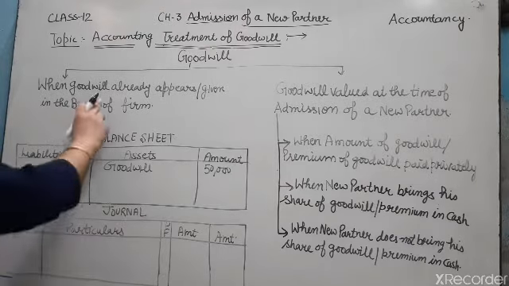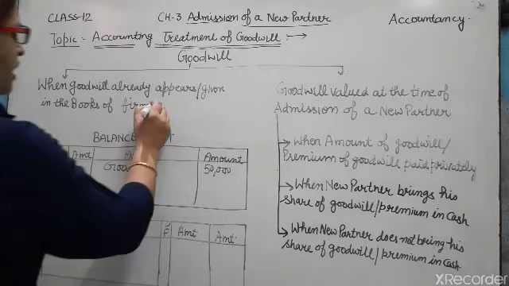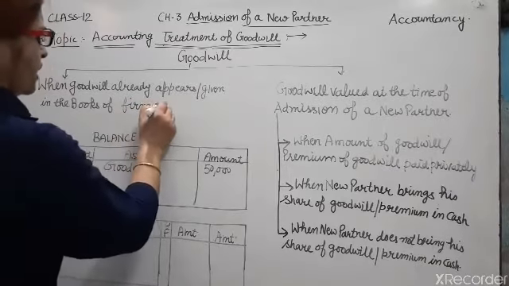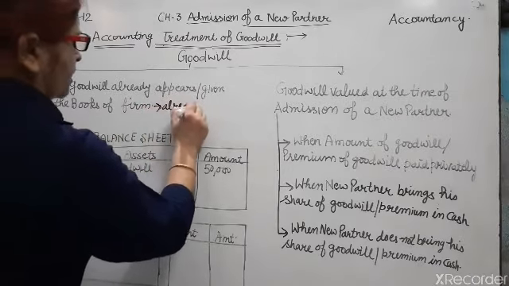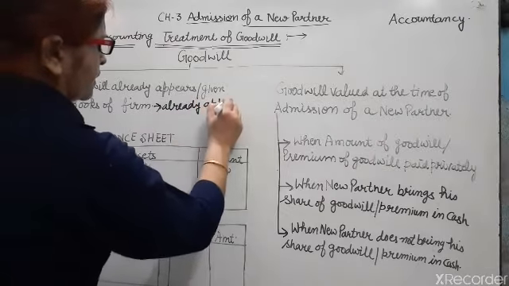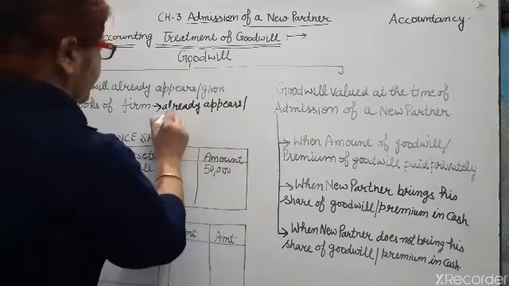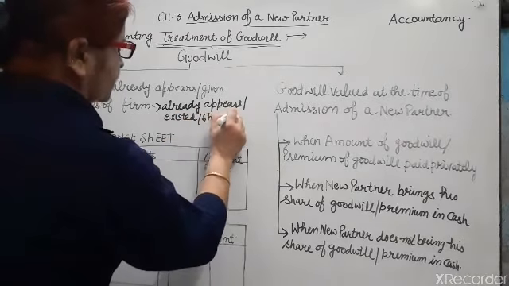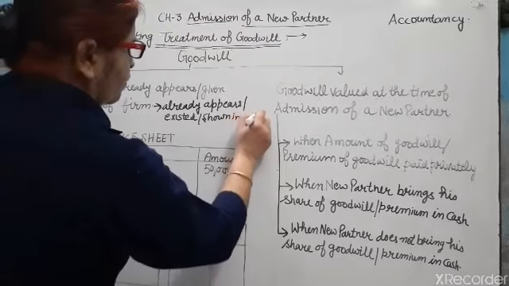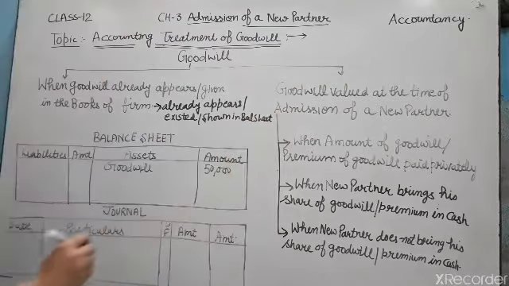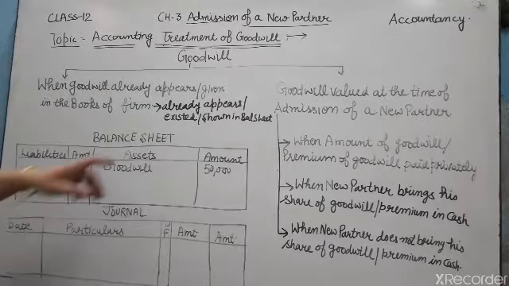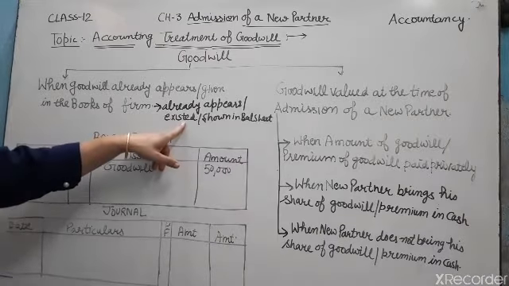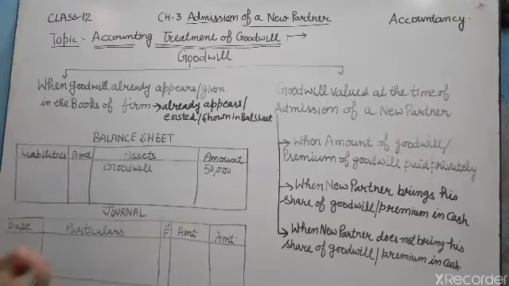That is called goodwill already appearing, and in the question it is given as already appeared, existed, or shown in the balance sheet. Whenever any one of these words is given in the question, it means it is the old goodwill. And here goodwill is given as 50,000.